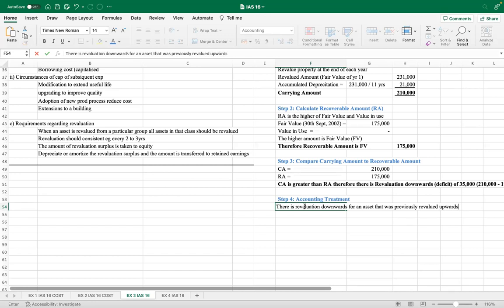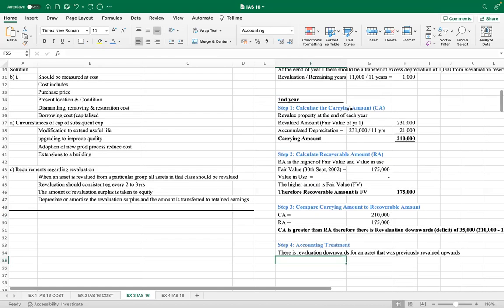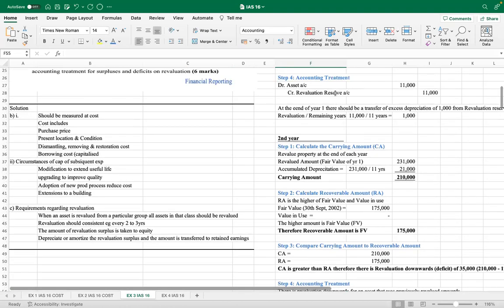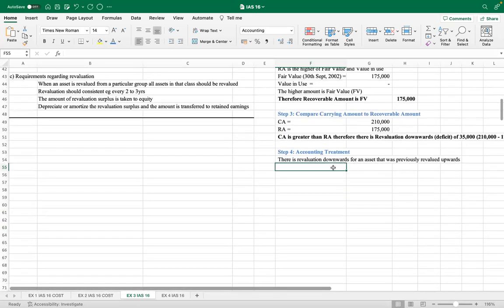Let me re-explain. In year 2, there is revaluation downwards. But in year 1, there was a revaluation upwards, if you remember. Now, it meets the principle that we learned. There is a revaluation downwards for an asset that was previously revalued upwards.